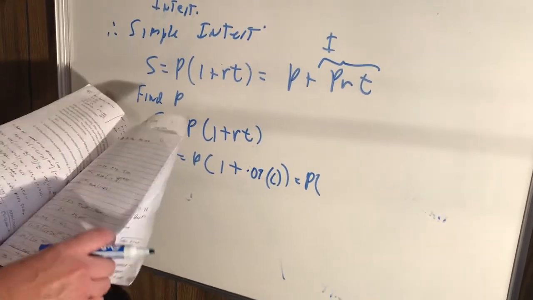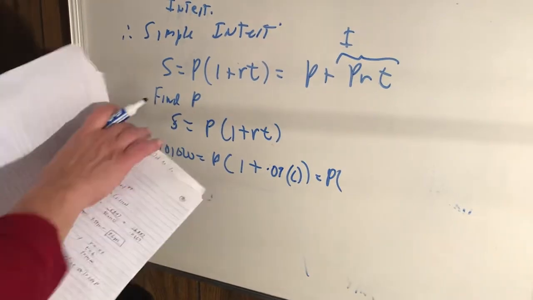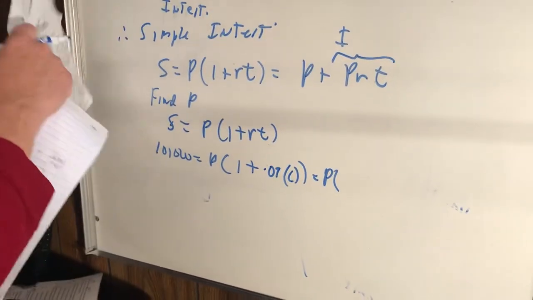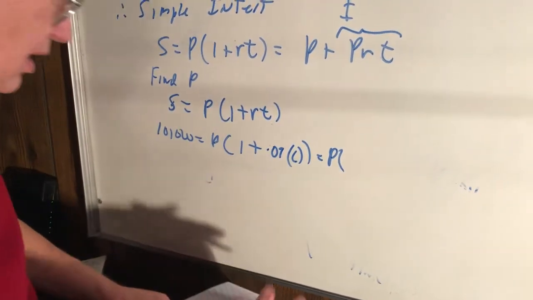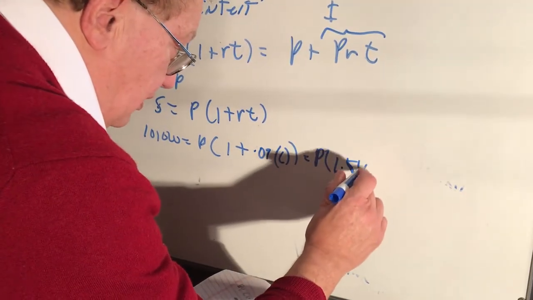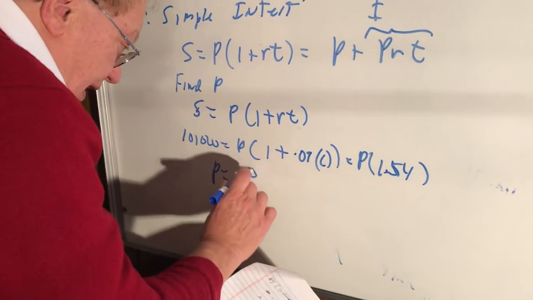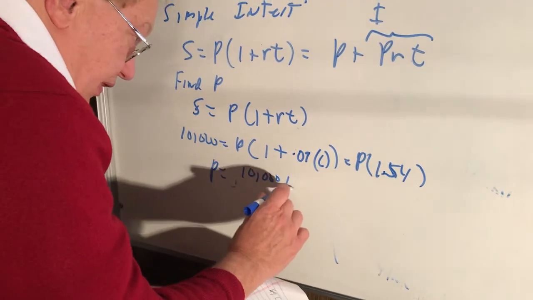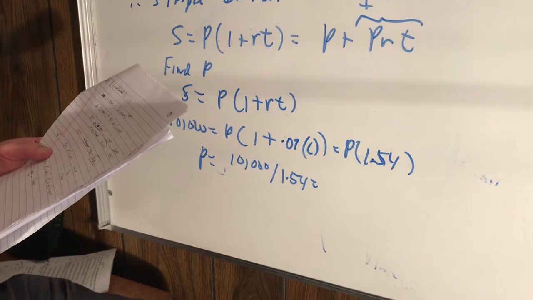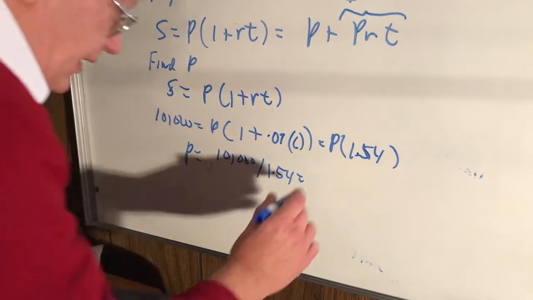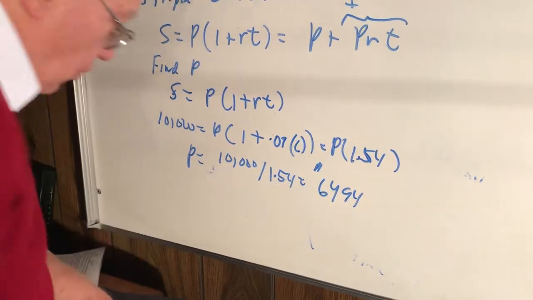So it's 1.54. So P is going to be equal to 10,000 divided by 1.54. So P comes out to be equal to 64.94. Now that's what they asked for.